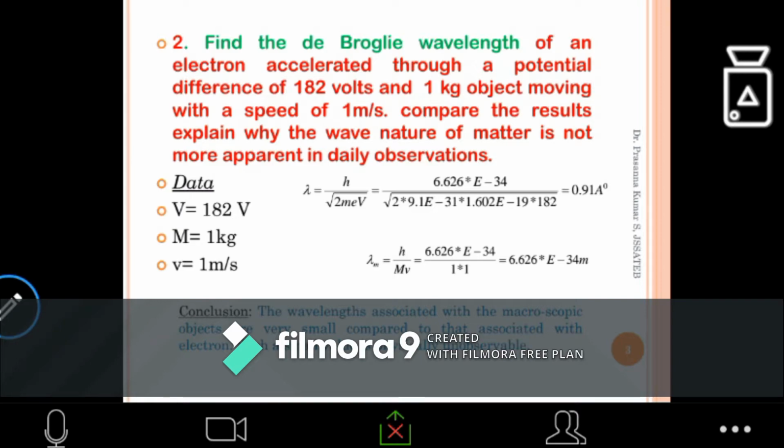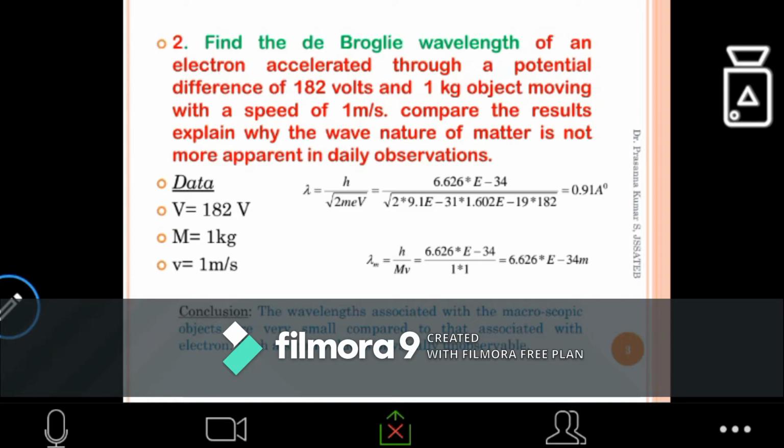Compare the results and explain why the wave nature of matter is not apparent in daily observation. So here you are measuring the de Broglie wavelength of an electron and the de Broglie wavelength of a 1 kg mass moving at 1 meter per second.